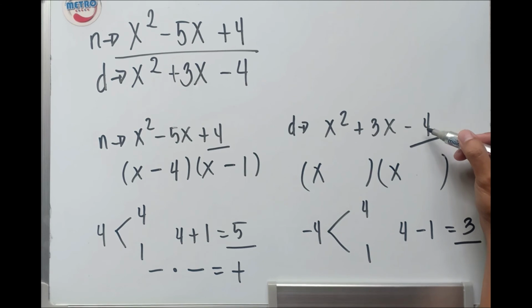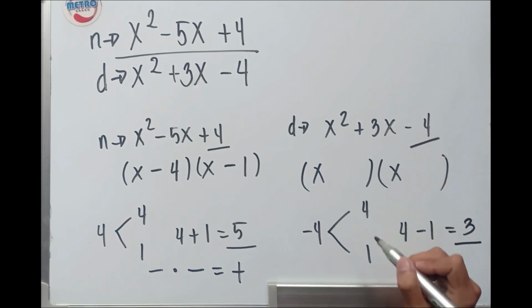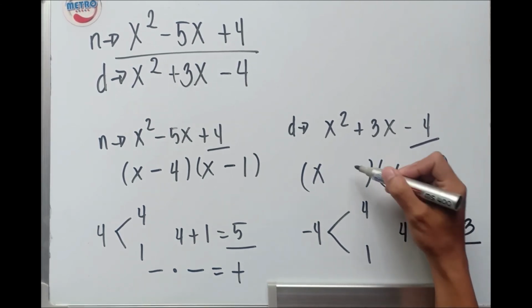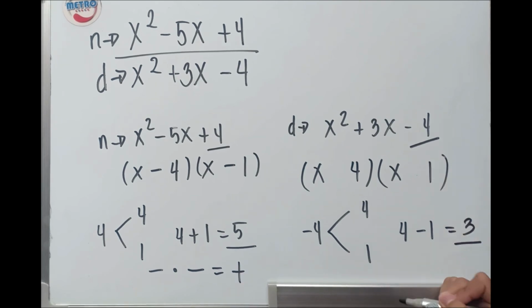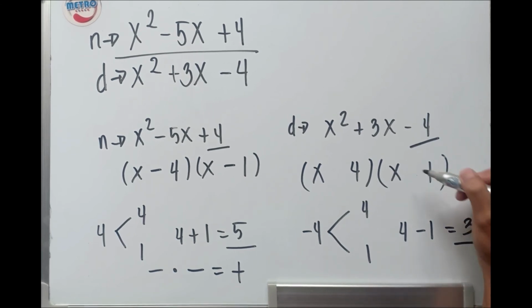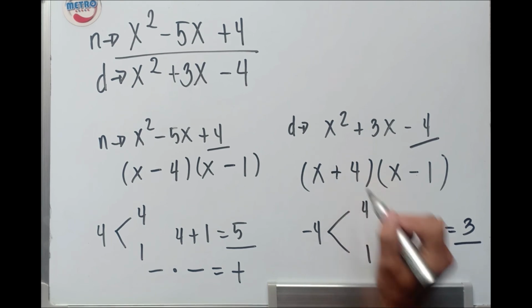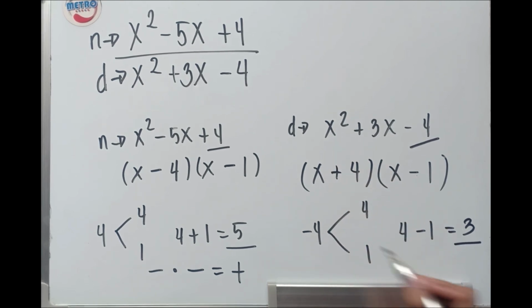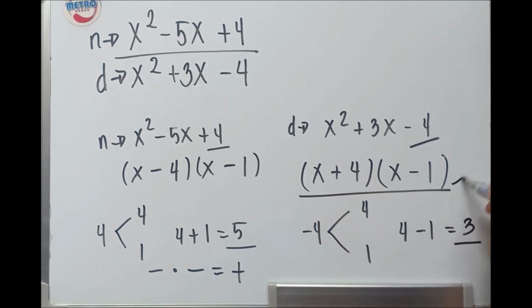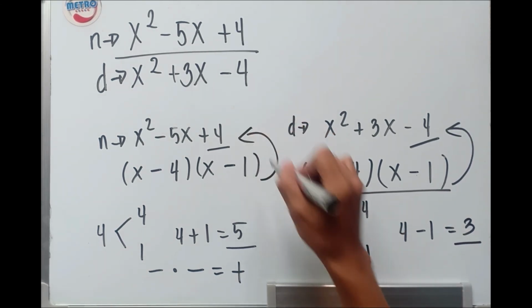Then for negative 4, we will use the numbers 4 and 1. For 1, we will give a negative sign, and for 4, that is positive. And this will be the factors of our denominator. And these are the factors of our numerator.